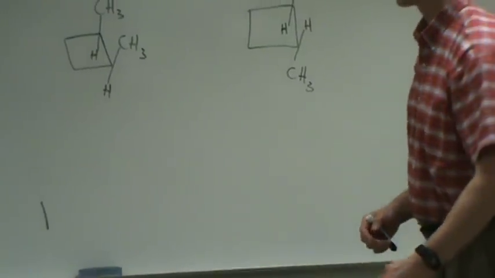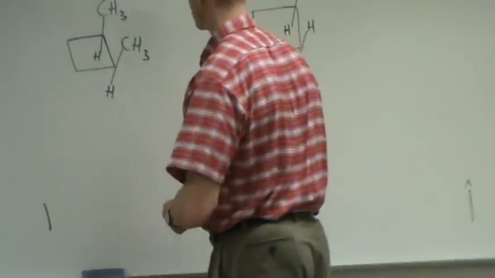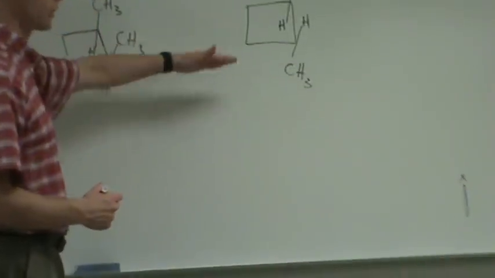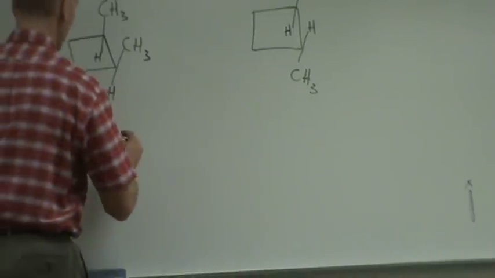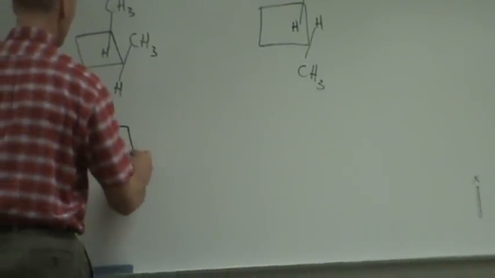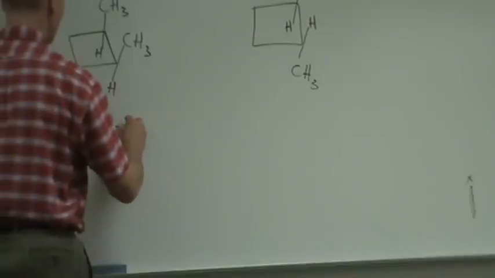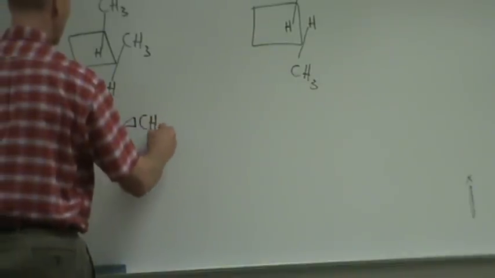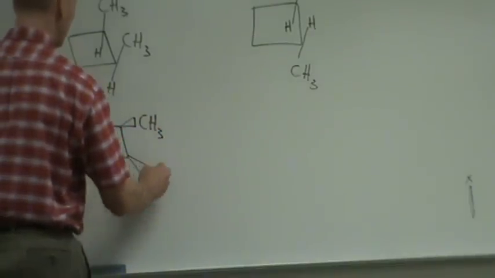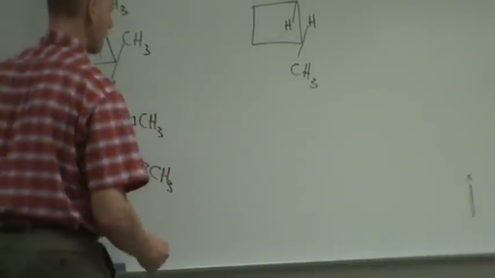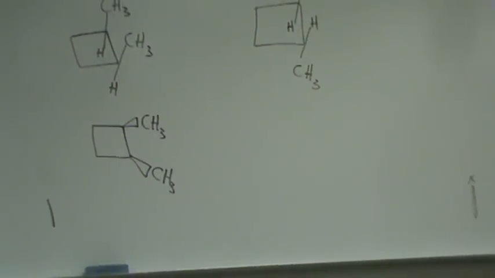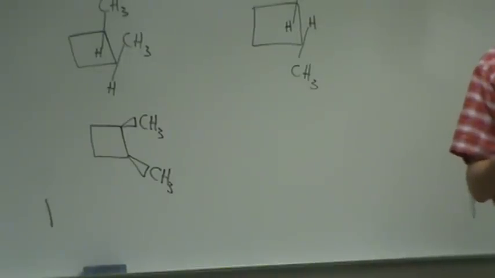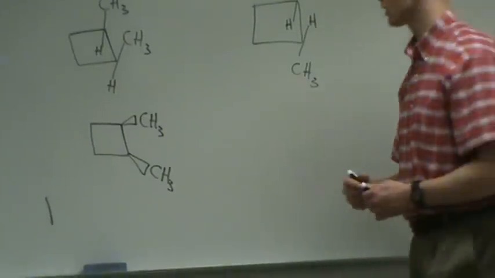Another way to symbolize this, as you can see, trying to draw this is a little bit hairy. We could also draw these like this, where if they're on the same side of the ring, I use two wedges, two of the same wedges.